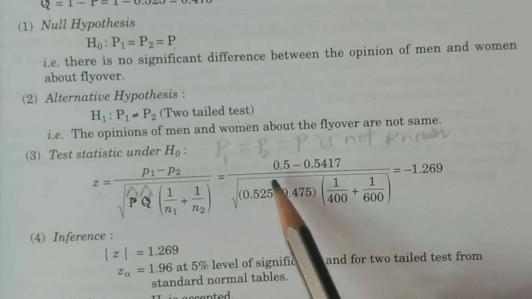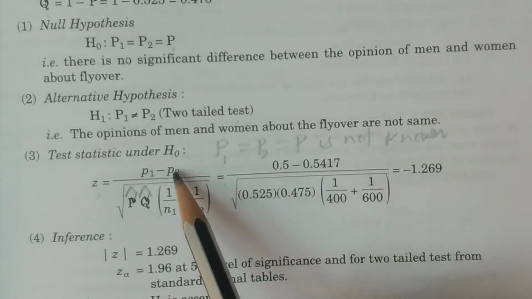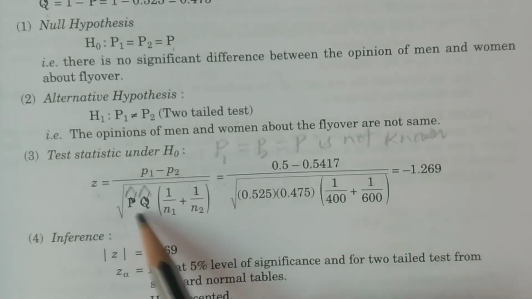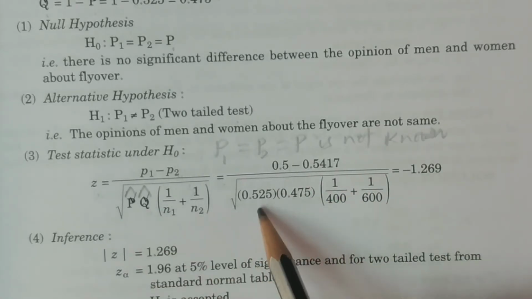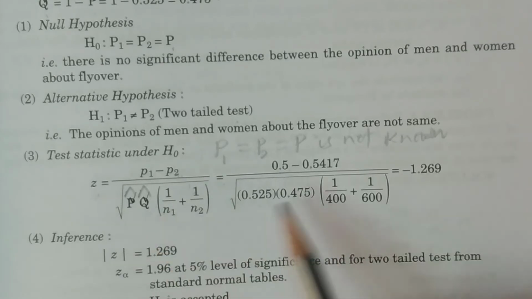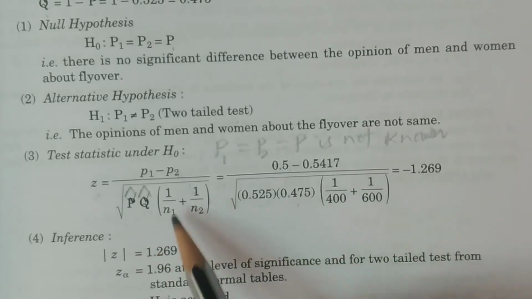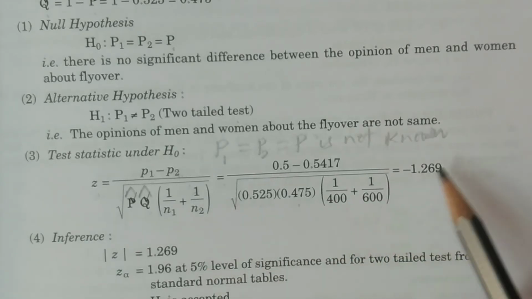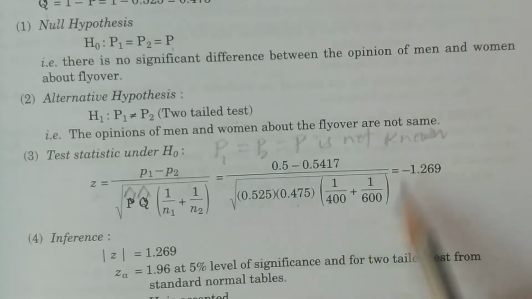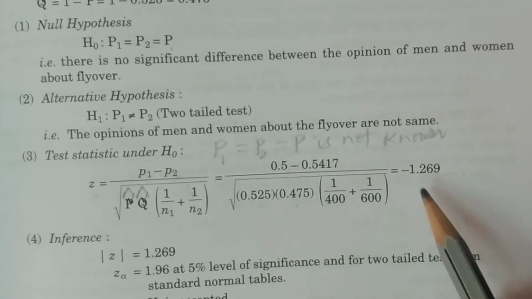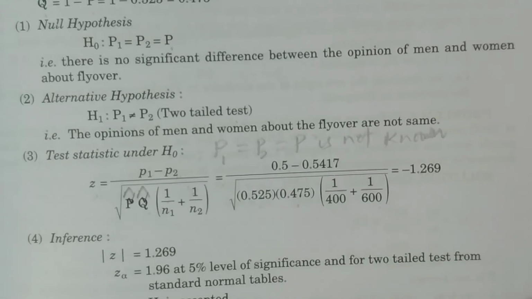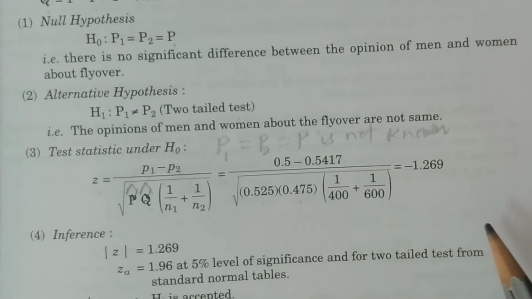Substitute the values: small p1 0.5, small p2 0.5417, divided by square root of capital P cron 0.525, Q cron 0.475, 1 by n1, 1 by 400, plus 1 by n2, 600. Substitute the values and then simplify. You will get minus 1.269. Whatever the value you get, you calculate it.